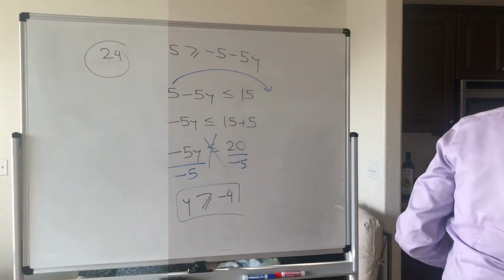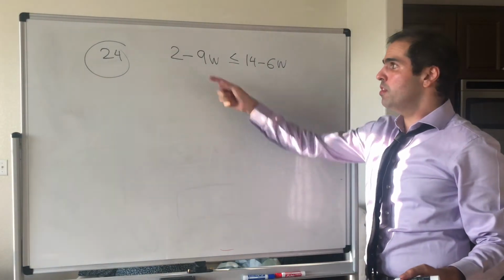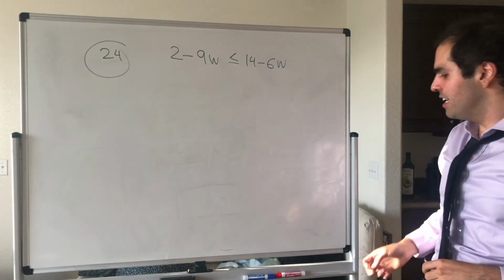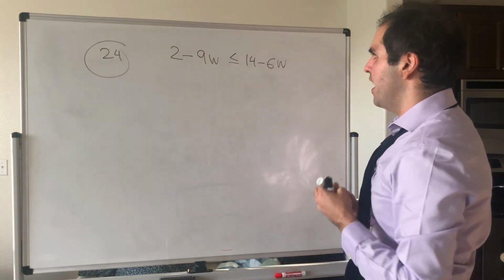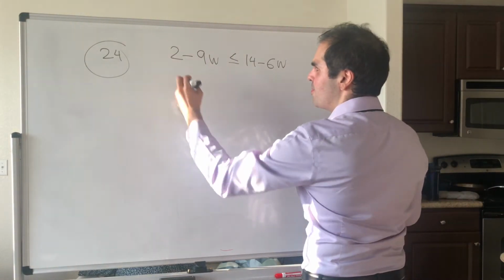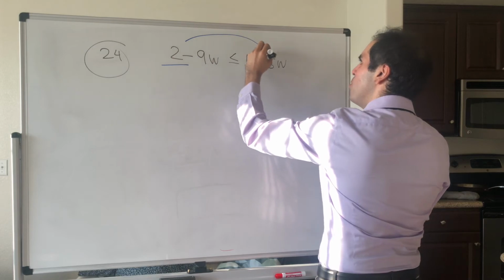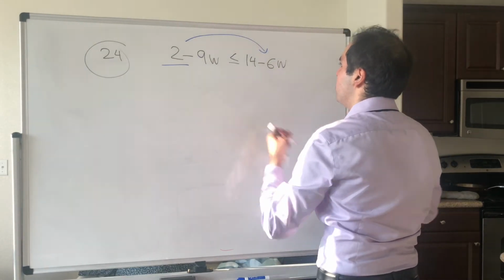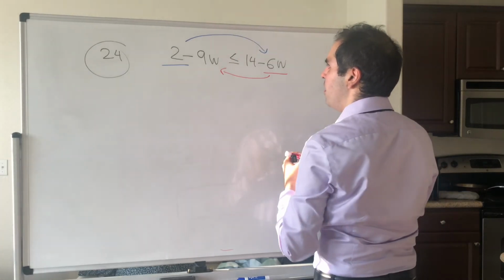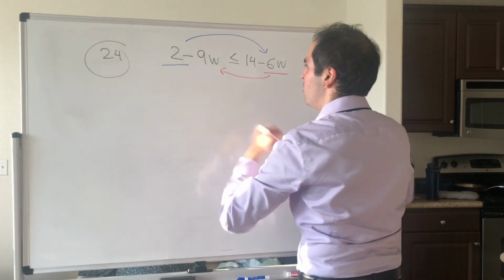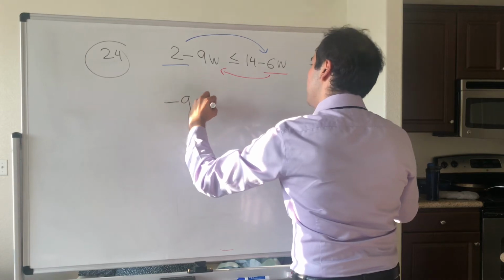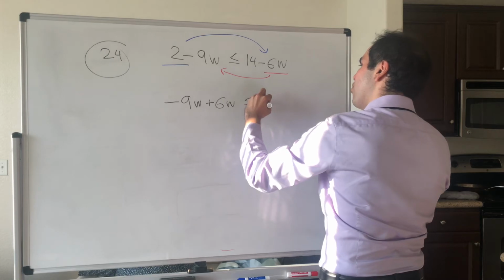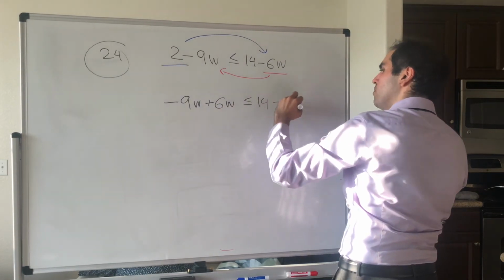I believe that's correct. This time solve for w in 2 minus 9w is less than or equal to 14 minus 6w. Again, just shuffling around a bunch of things. Put the 2 here and put the minus 6w here. And then you get minus 9w plus 6w is less than or equal to 14 minus 2.